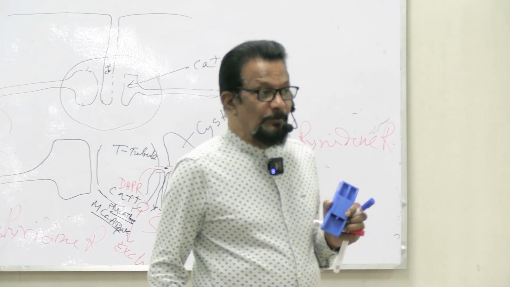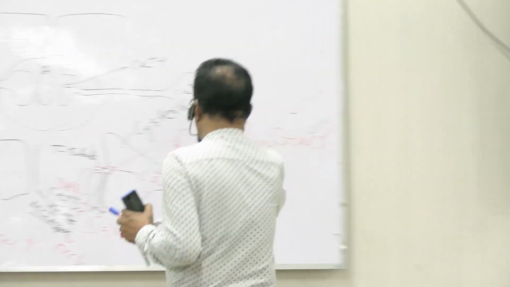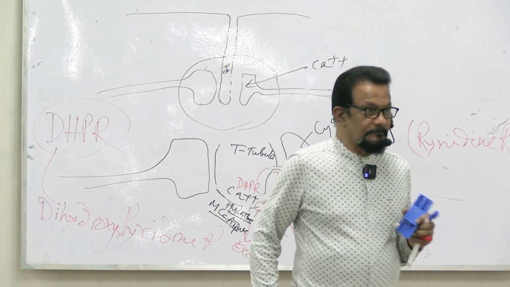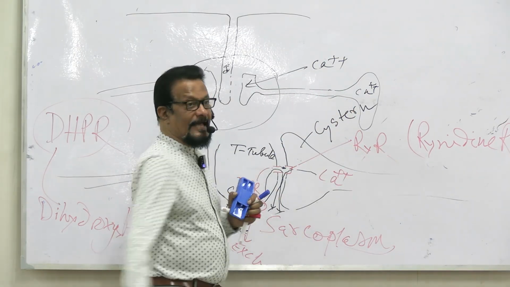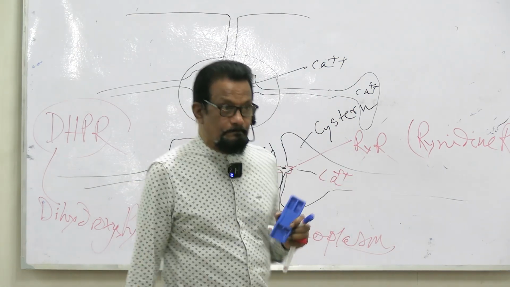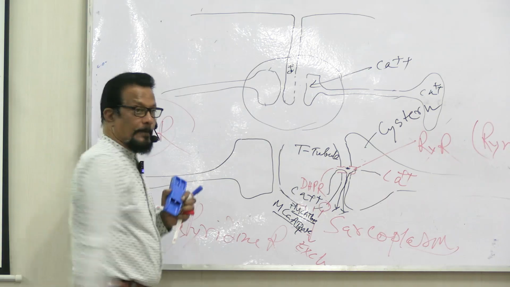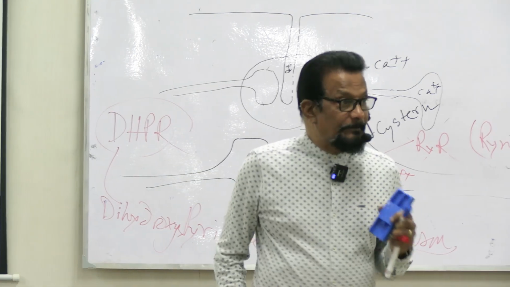Out of this, which ones are present in the wall of the cistern? RYR and SERCA. And two are present in the wall of the T-tubular membrane, meaning sarcolemma.